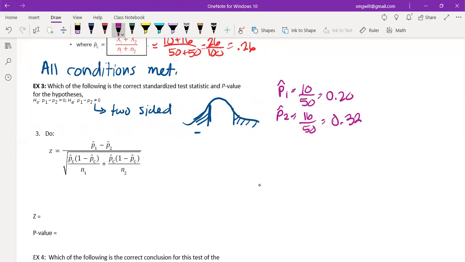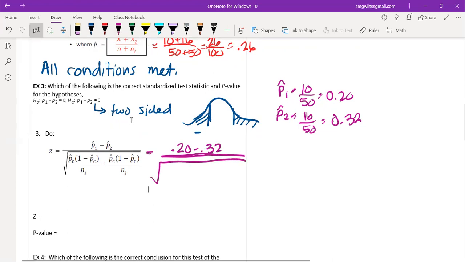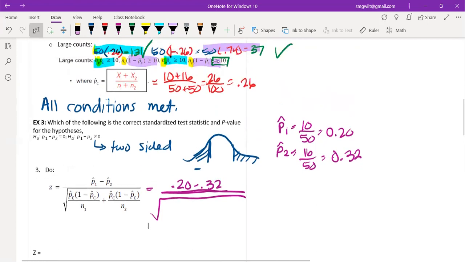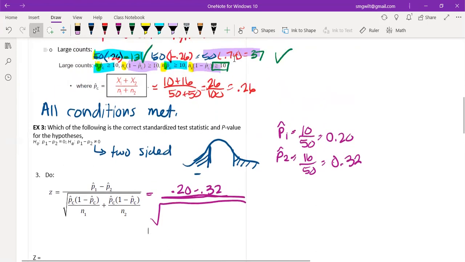So in our formula then, we've got 0.20 minus 0.32 over the square root of, remember this value is the 0.26, and then 1 minus that is the 0.74.